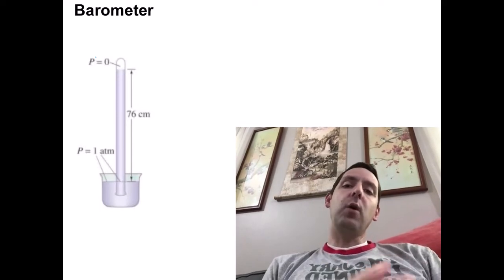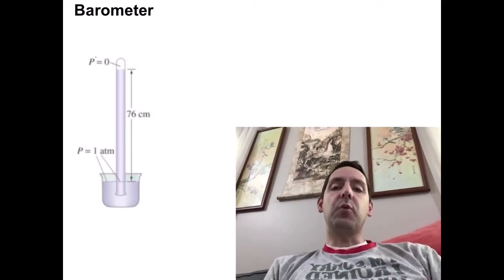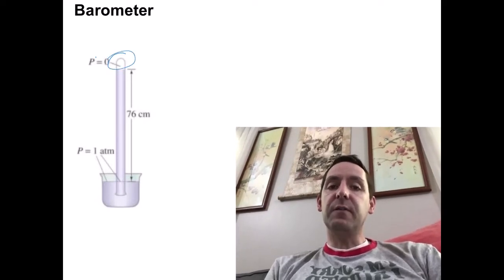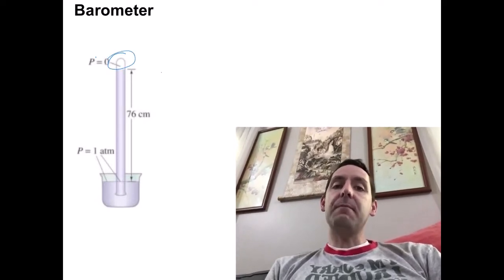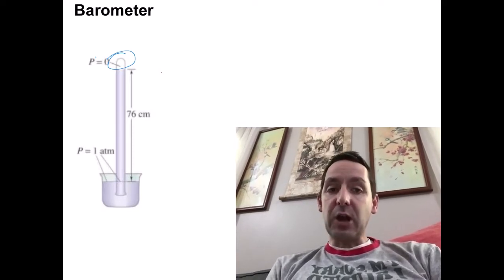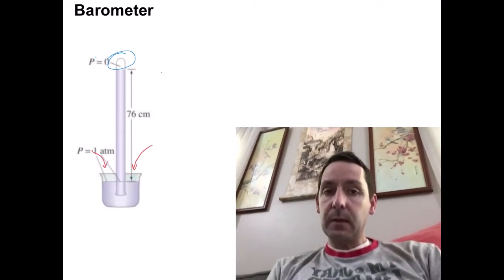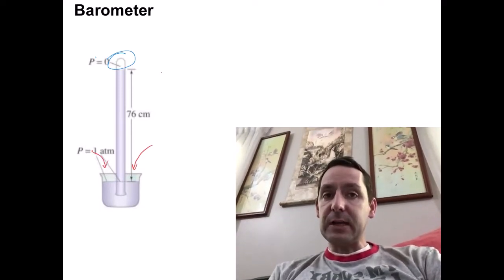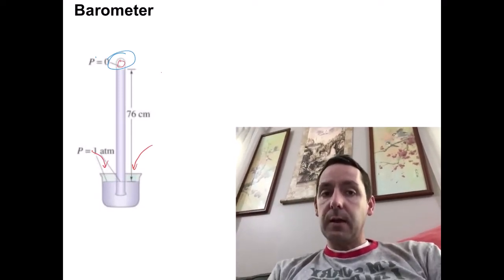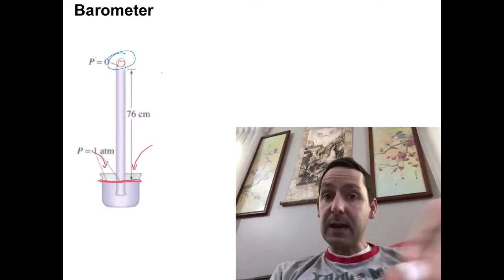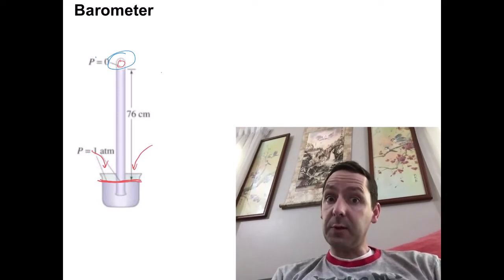Now, one thing with the barometer is that a barometer up at the top here will have a pressure of 0. Now, what that means if the pressure is 0 is that the pressure outside is going to push down on the fluid, and then the pressure inside, since it's 0 here, this pressure at this level right here has to be the same everywhere. That's what we learned in our previous videos.